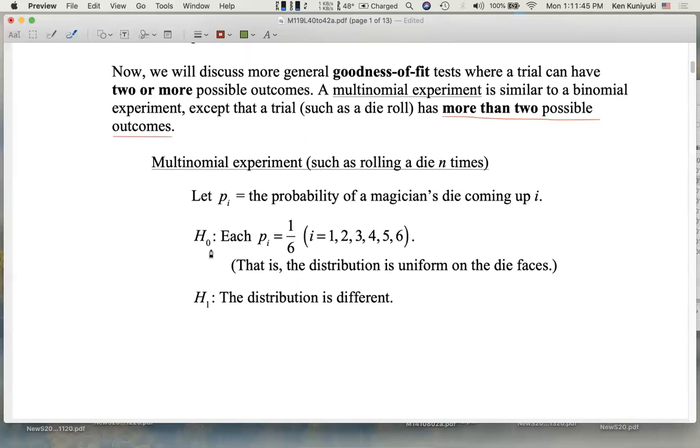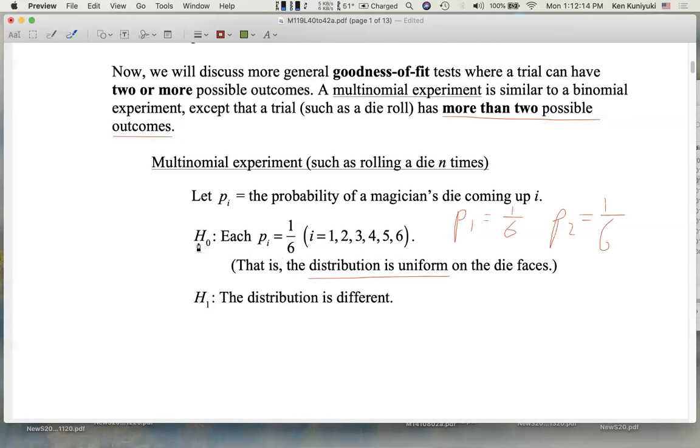The null hypothesis says that we have a uniform distribution on the die faces, meaning that the probability of getting a 1 on the die, P sub 1, is 1/6. The probability of getting a 2 on the die, P sub 2, is also 1/6, and so forth. So in other words, P sub i equals 1/6, where i takes on these various indices.